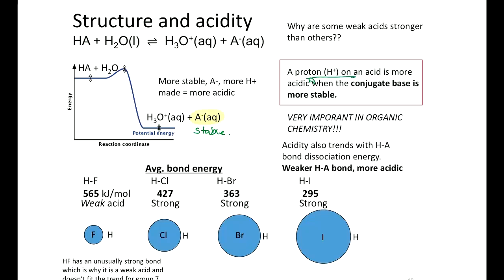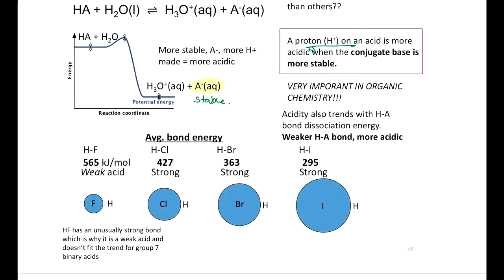A proton on an acid is very acidic, meaning very easily donated, if the conjugate is very stable, all right? So when we think about stability and how acidic something is, again, if the conjugate is really stable, typically that thing is a very good acid. Meaning we have to take off one of those protons and inspect what's left over.